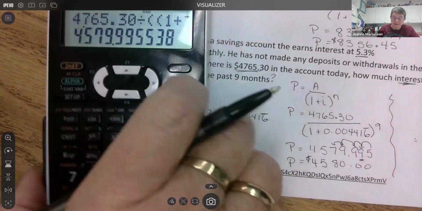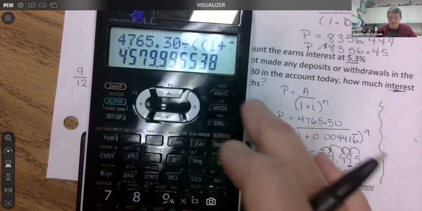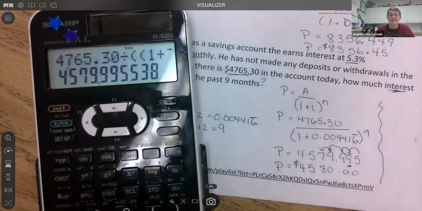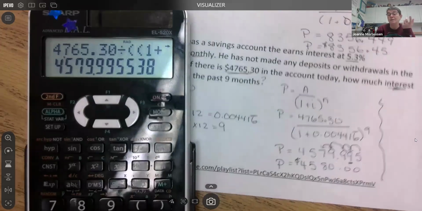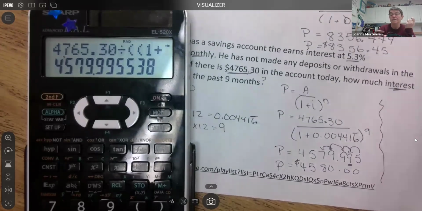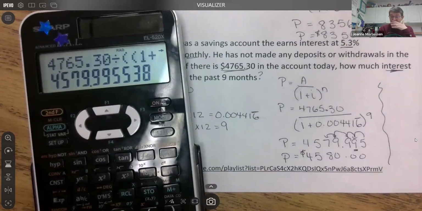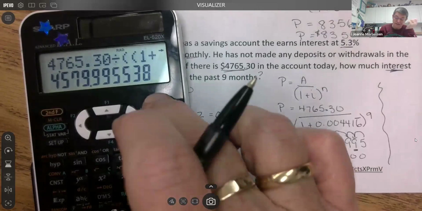Okay, now I'm going to try it the other way. This is what I know about when you get into business: they have calculators that are set up to do this for you, and it's a whole lot easier. We have just generic calculators.